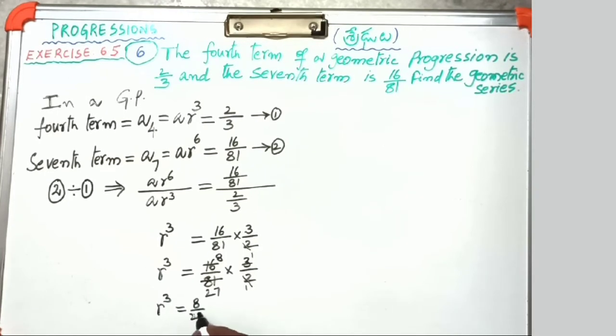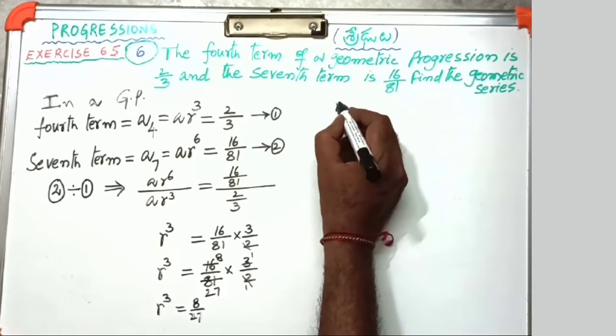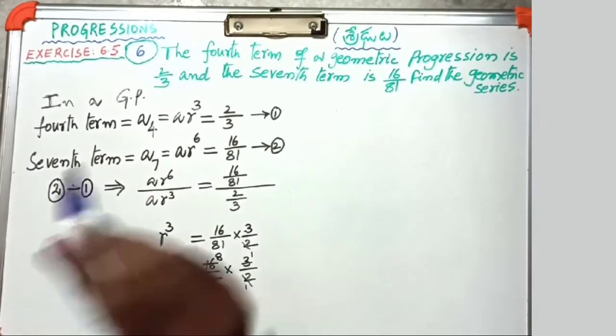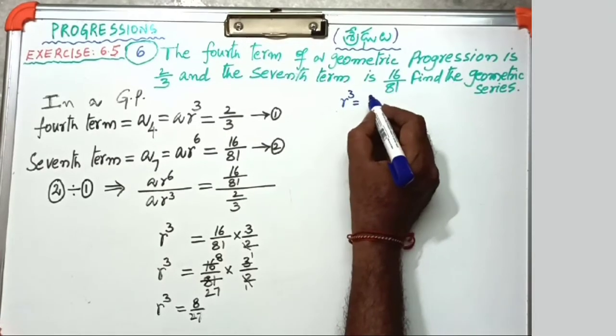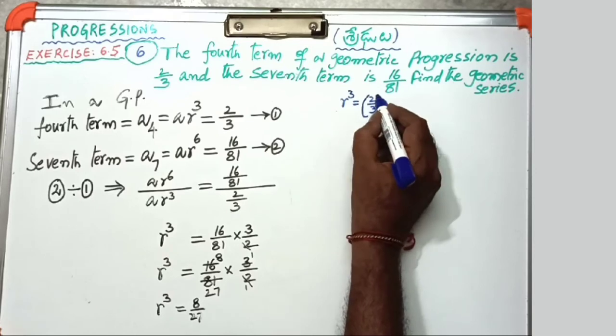Now 8 by 27, R cube is equal to 8 by 27, which means 2 by 3 whole cube.